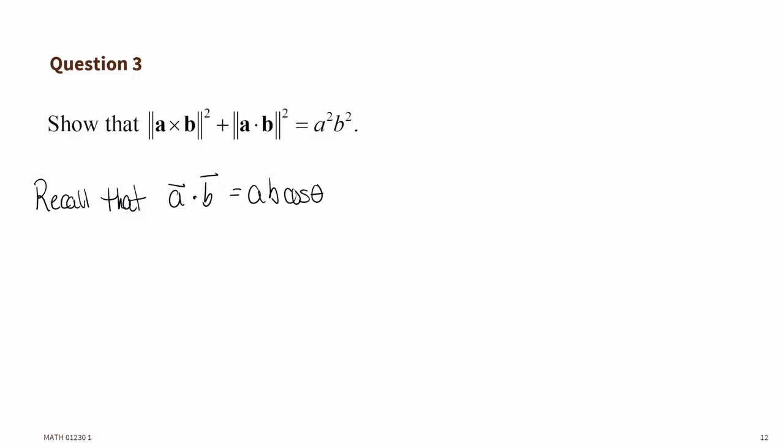So first, A dot B is AB cosine of theta. So the magnitude of A dot B would just be the absolute value of AB cosine theta, right?